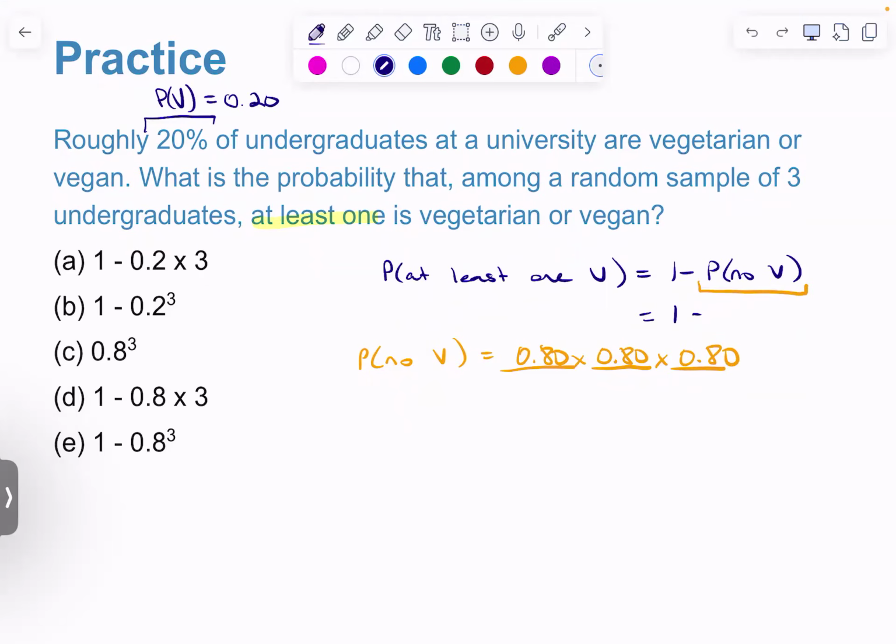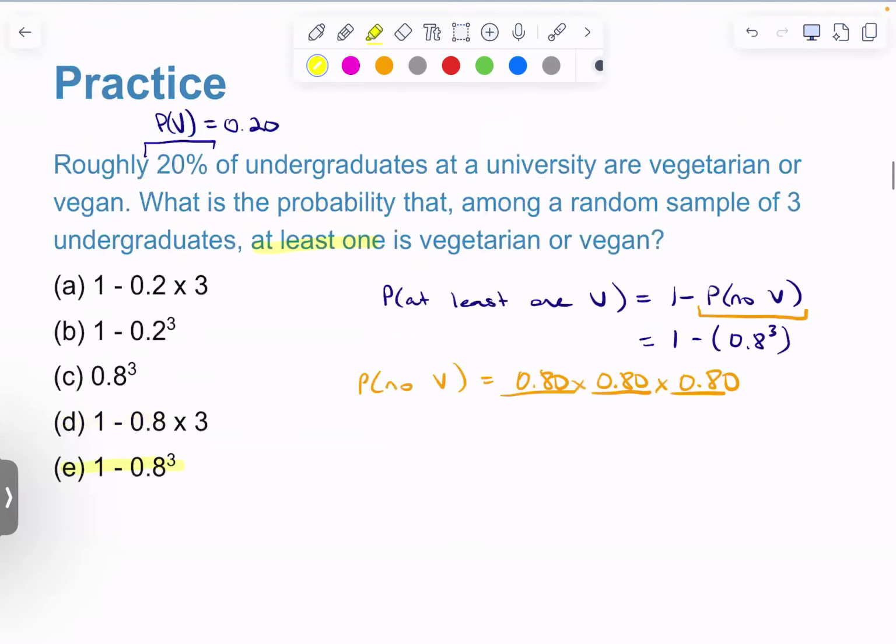So I get 1 minus 0.8 to the power of 3. They didn't do the math, so we won't either. So using the complement to solve the problem makes it a lot easier.